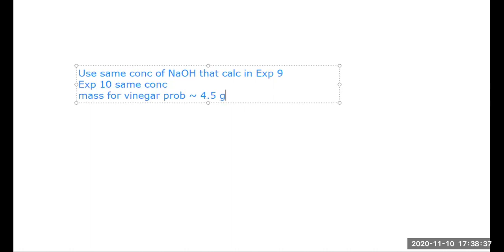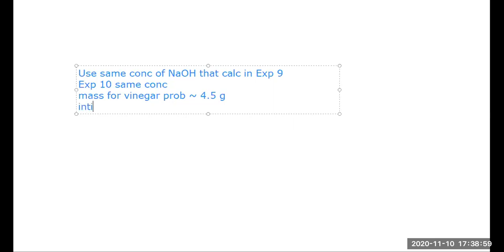Because if you used 0.15 molar as your ballpark, and the idea that we wanted to use about 15 milliliters out of your burette, that should give you something in the ballpark of 4.5 grams.